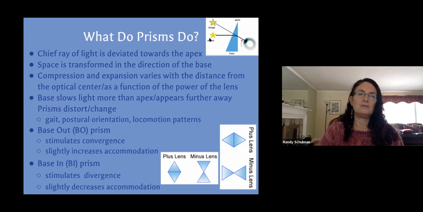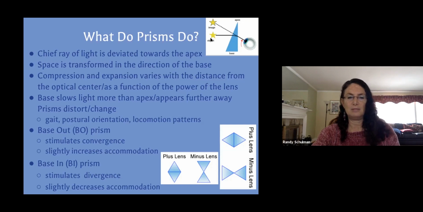What I like though is if you look at the bottom right, you can think about a plus and minus lens as having base out or base in effects. So a plus lens has more of a base in effect. It's effectively two base in lenses, and then the minus lens has the base out effect. It's effectively two base out lenses.